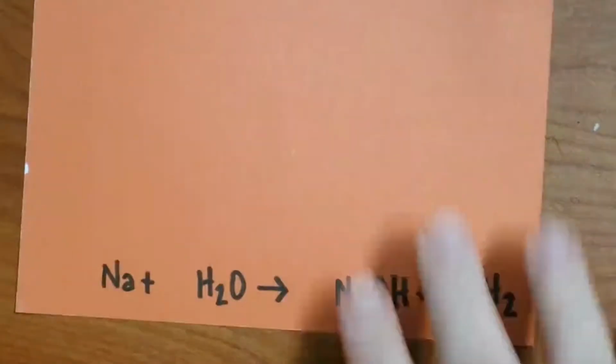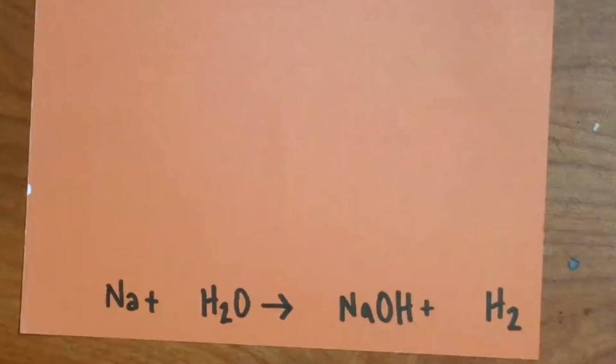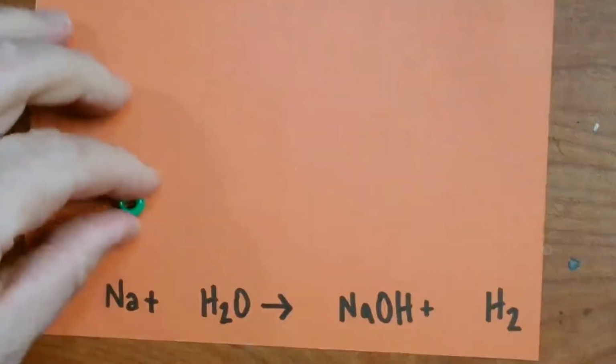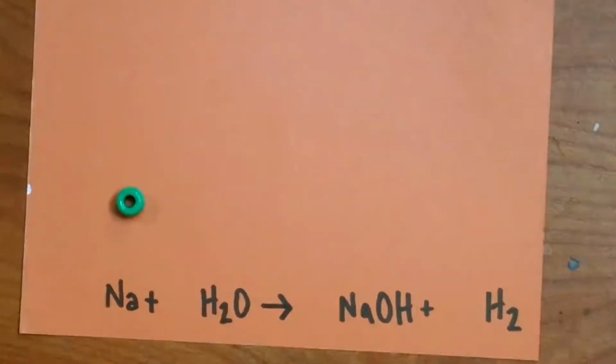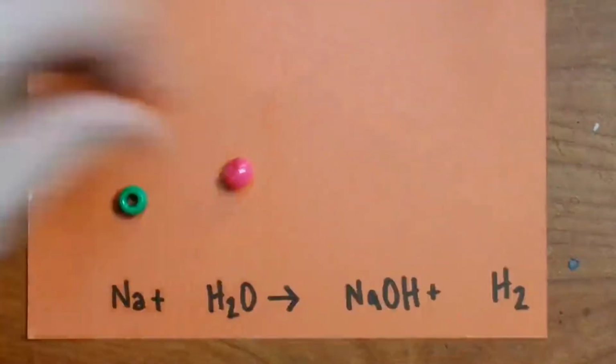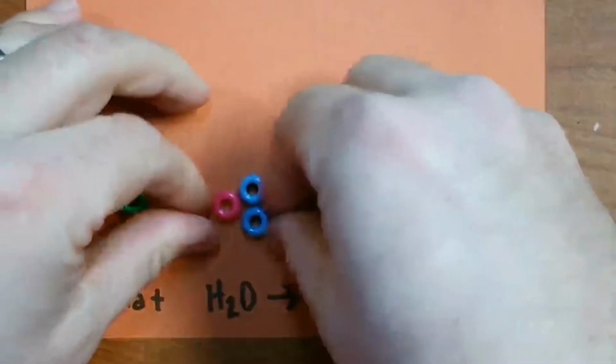All right, our next problem. We have sodium plus water, and it makes sodium hydroxide and then hydrogen gas. So I'm going to represent sodium with a green bead, and H2O, I'm going to use my classic pink and blue setup.